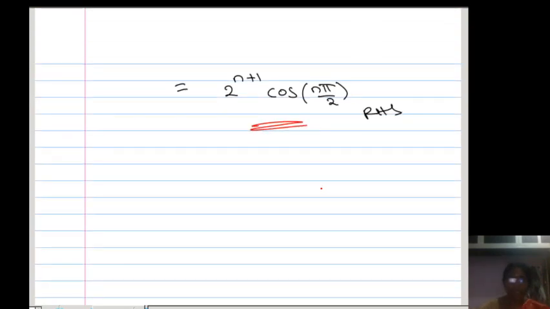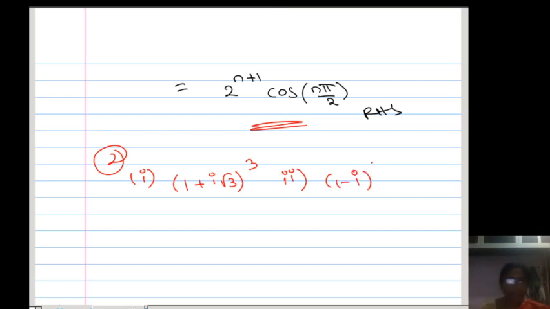Let us see the second bit. What is the second bit? In the second bit you have 4 problems. Find the values of the following. It is just simplification here. How many questions do you have? 4 questions. What is the first question? 1 plus i root 3 power 3. First you have to write it into polar form, then simplify. The second is 1 minus i power 8.